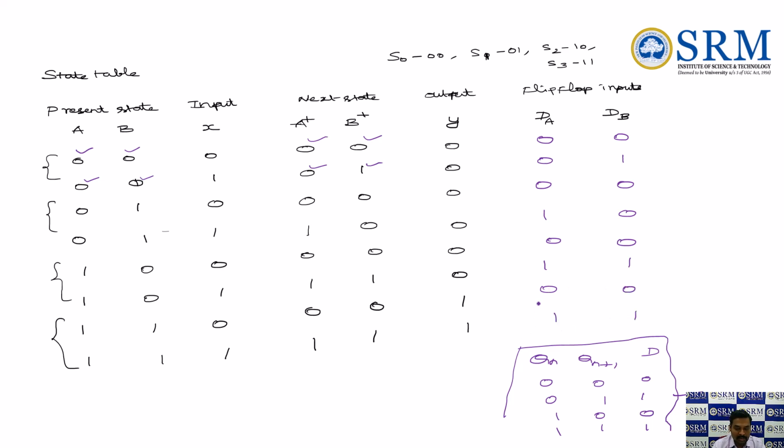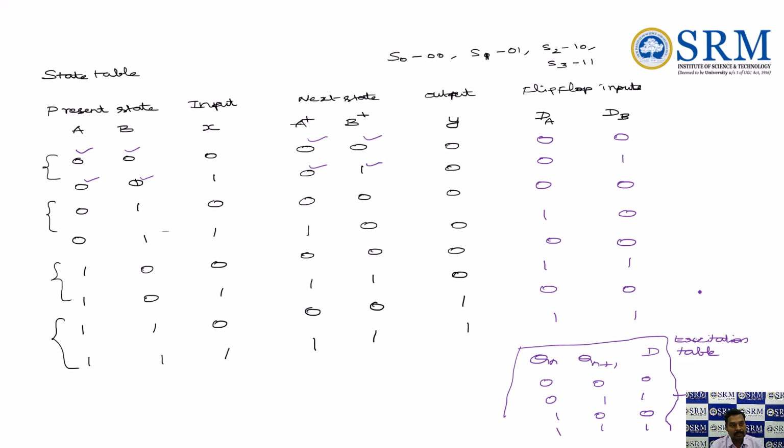Like this, we have to obtain the flip-flop inputs. This is actually an excitation table. Without knowing this excitation table, you cannot design a circuit.